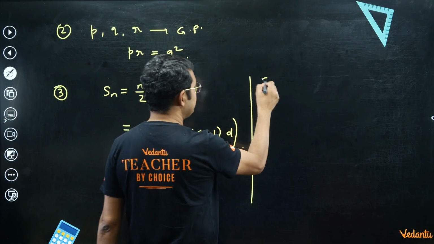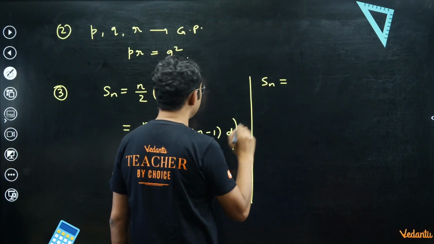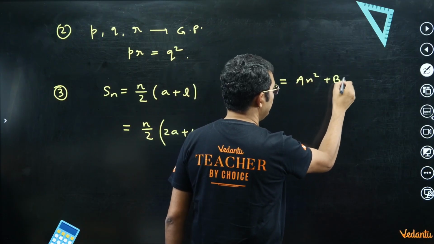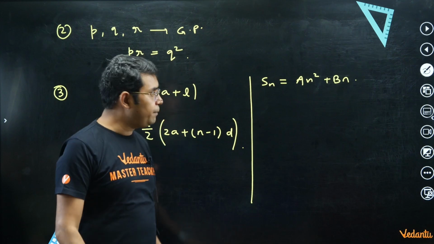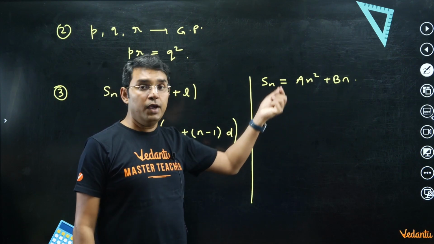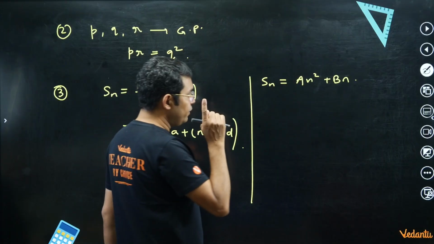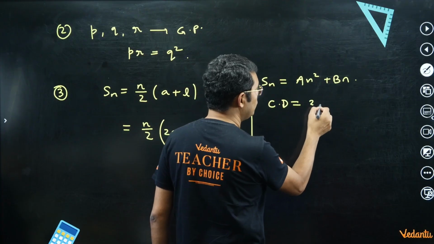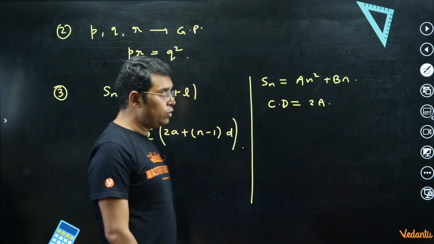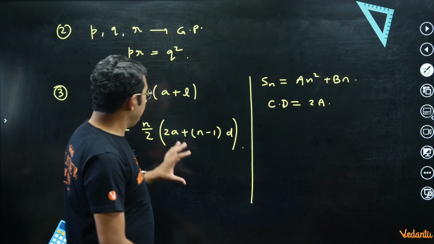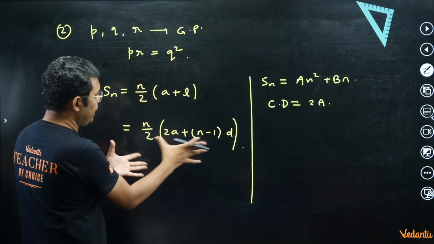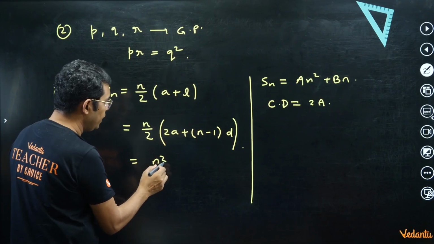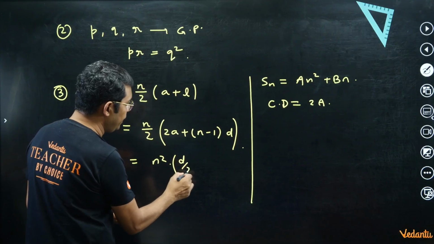And that concept is that Sn is equal to A n square plus B n. So sum of n terms of any AP is always a quadratic in n with constant term 0. And one important thing that you must know is that common difference will be equal to 2A. You can verify from here also in this Sn, the coefficient of n square is D by 2.